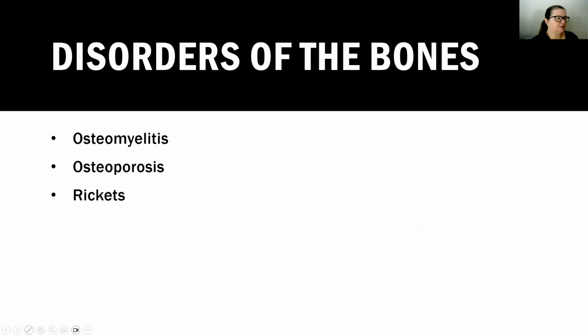But osteoporosis affects women more than it does men, and is usually brought on because when women go through menopause, their estrogen production slows way down, and estrogen is actually what helps with fending off osteoporosis.